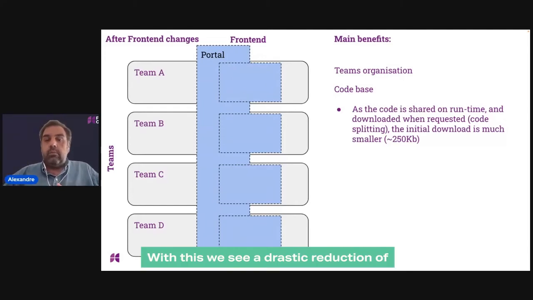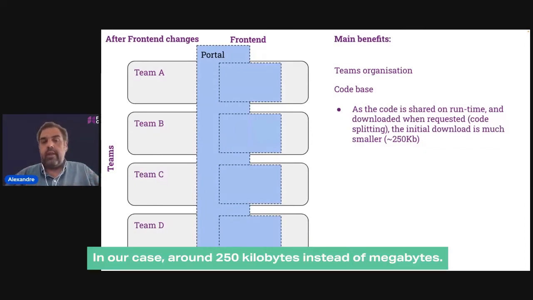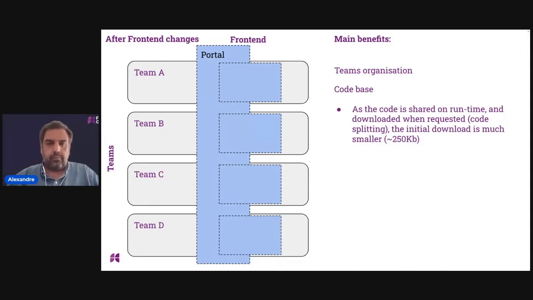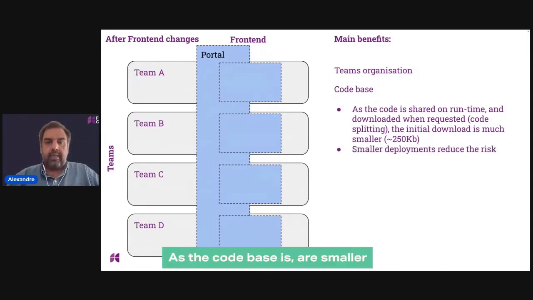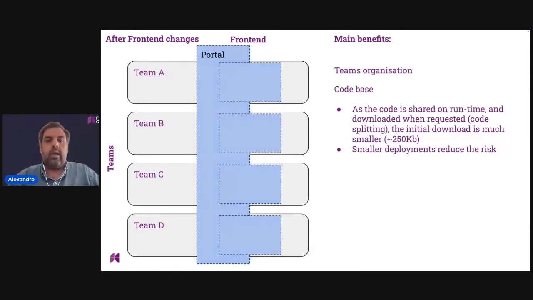With this, we see a drastic reduction of the amount of code that is downloaded by the user's browser. In our case, around 250 kilobytes instead of megabytes. As the code bases are smaller and the changes specific to a code base, the deployments are smaller and the risk of breaking something on another micro frontend is reduced.